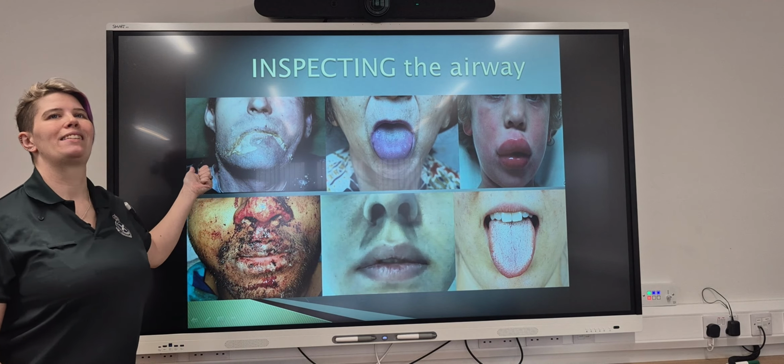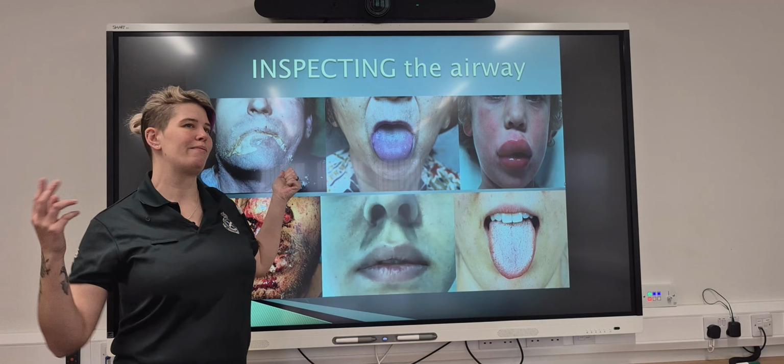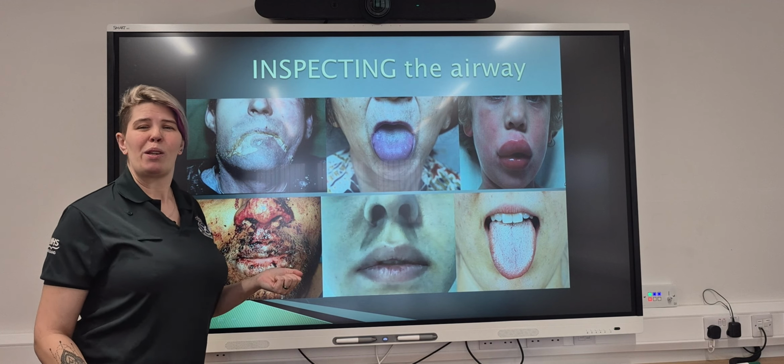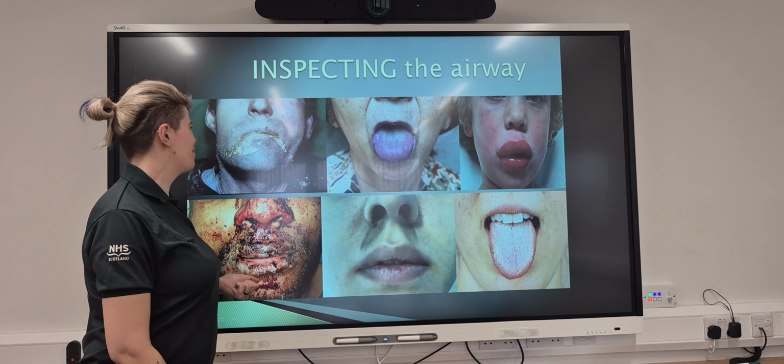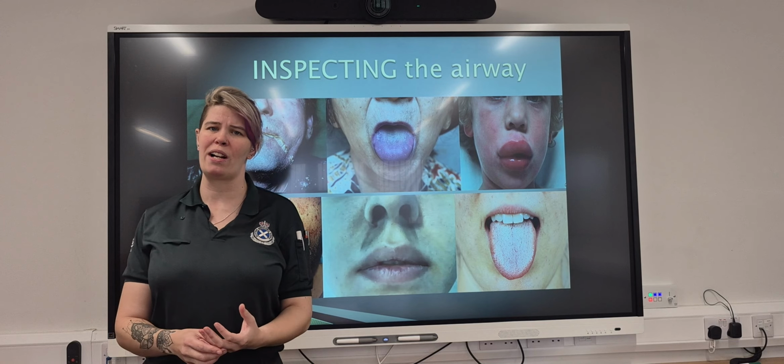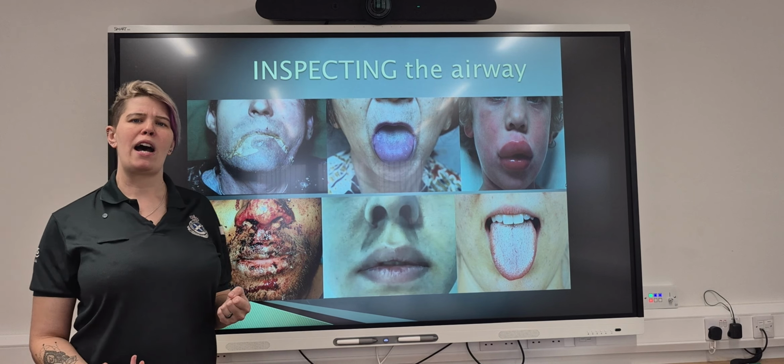So vomit. Vomit's one of the most common things that we are probably going to see as well. And I'm sure you can all imagine what that smells like. So vomit is a nasty substance because it's very acidic as well. It is really bad when people aspirate.